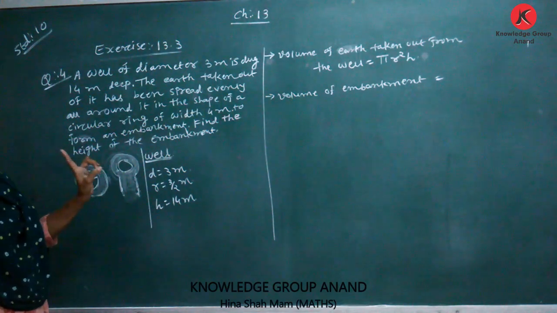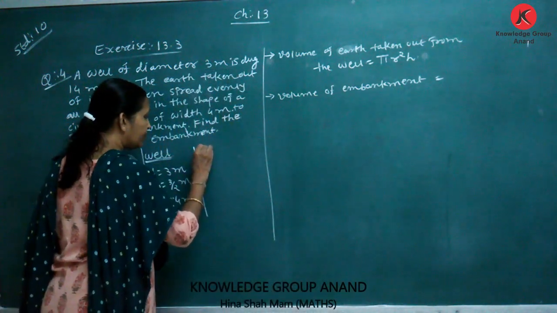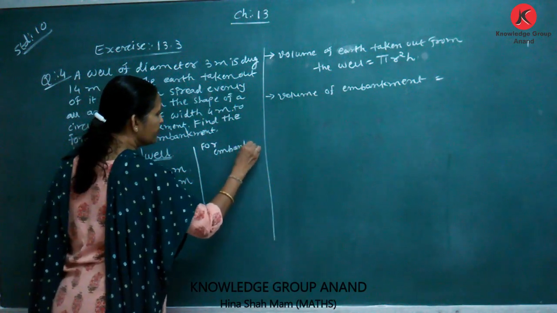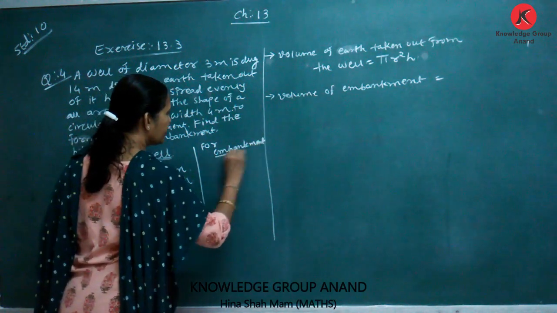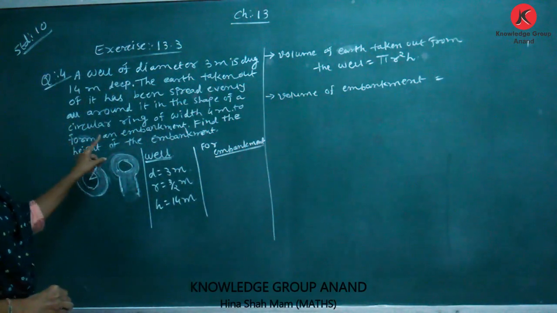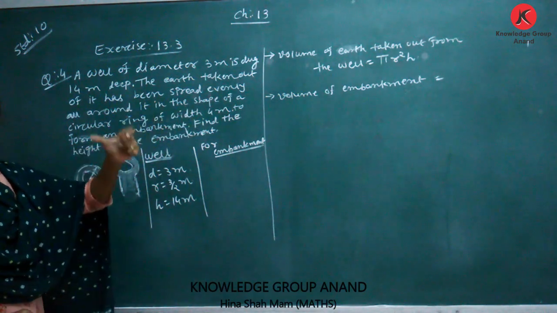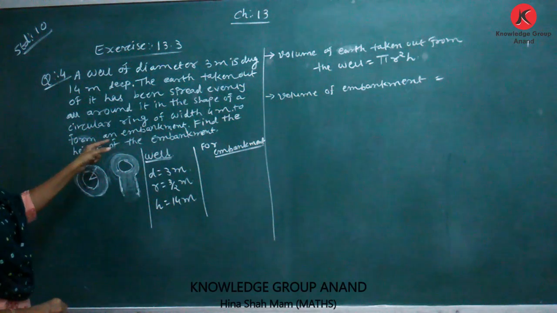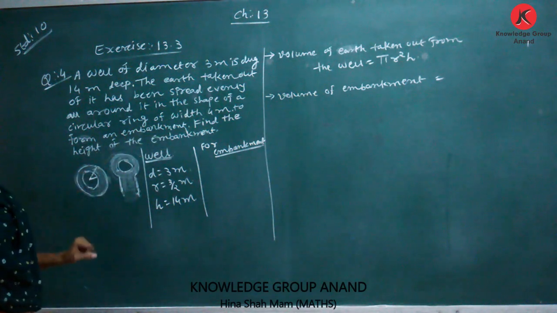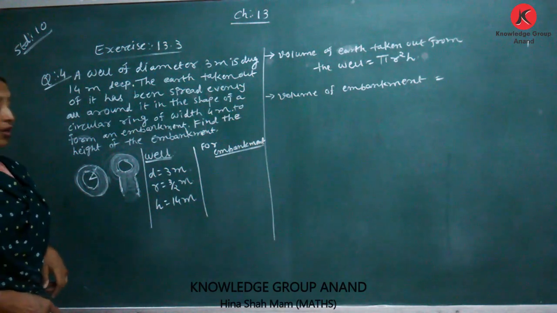Find its height, the common height. Both heights are common for the embankment. The circular ring has width 4 meter to form an embankment. Here we find the height of the embankment.